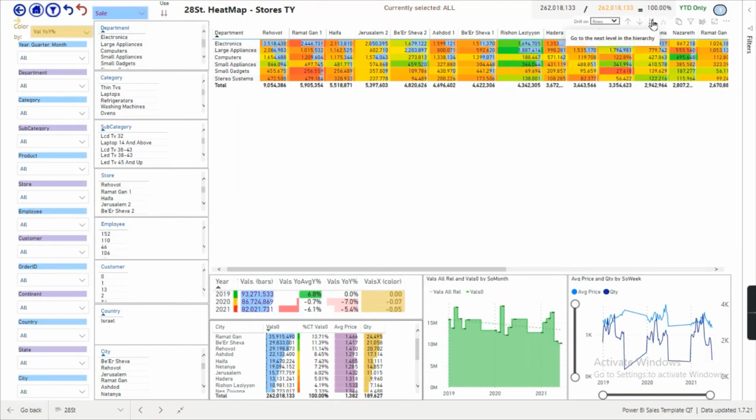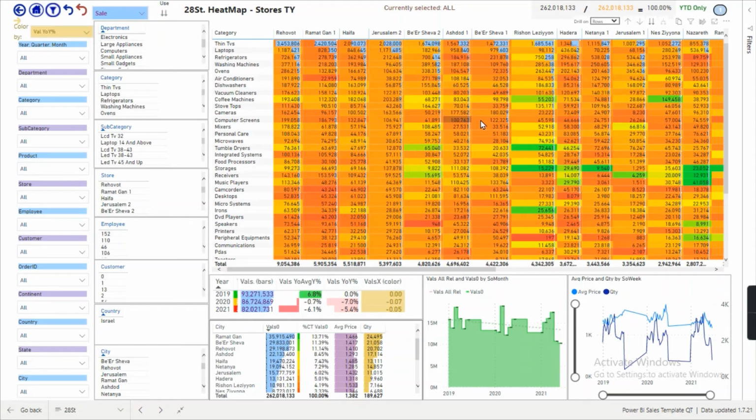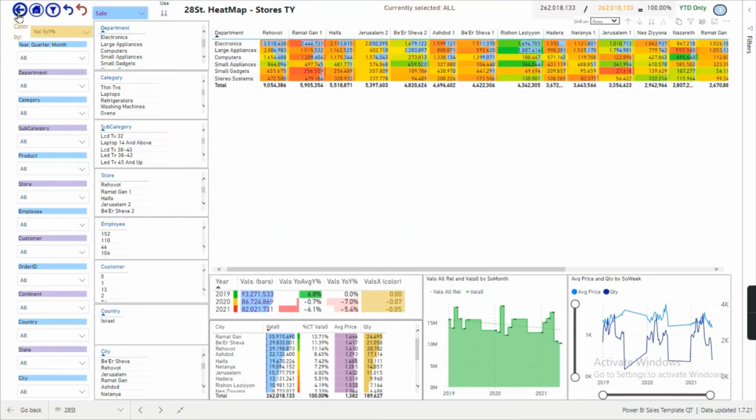We can drill down to go to the next level. After department will be categories, subcategories, products, employees, etc. So employee, customers, and orders. After that, country. So we have it all here.